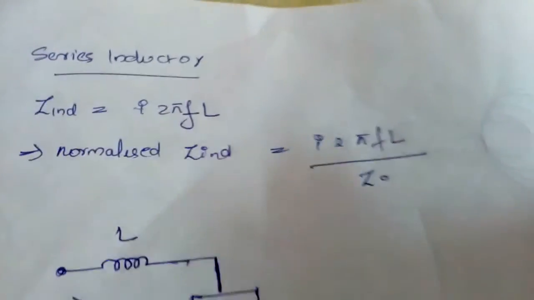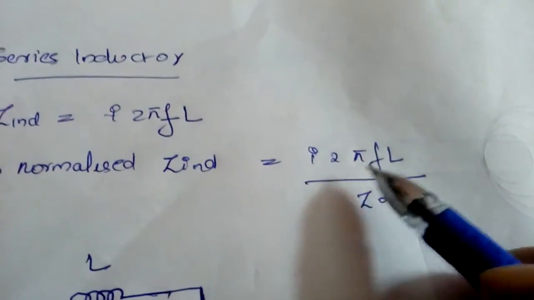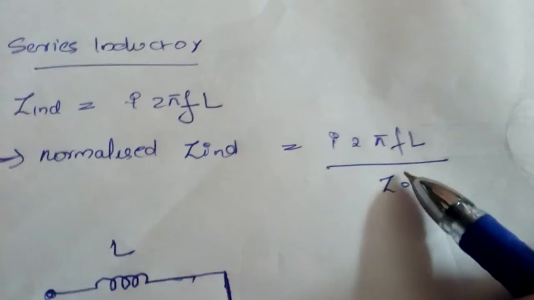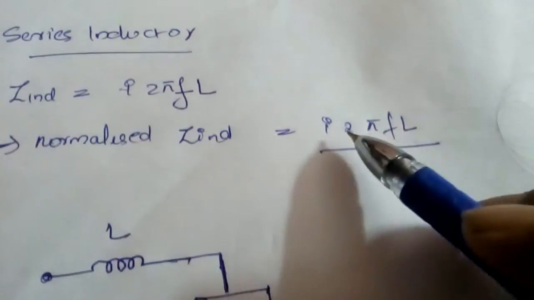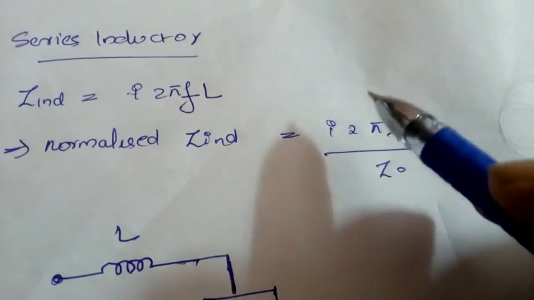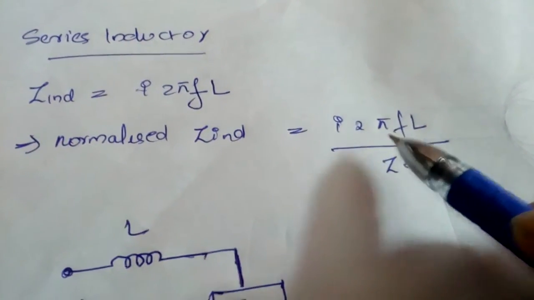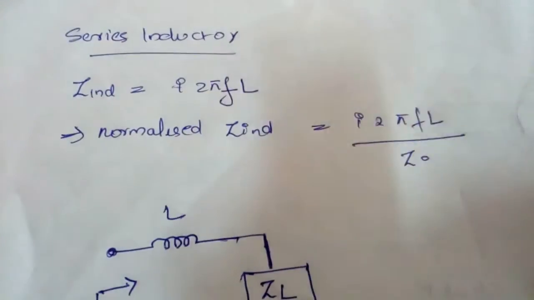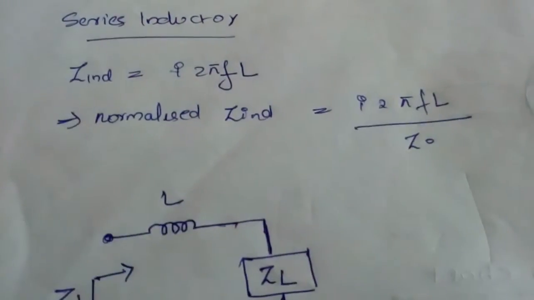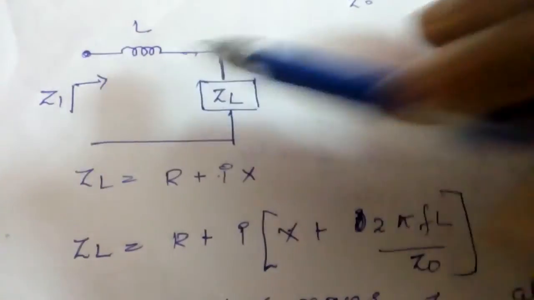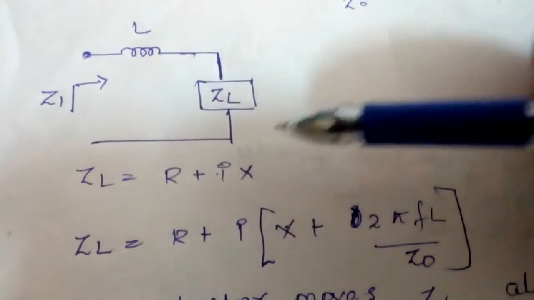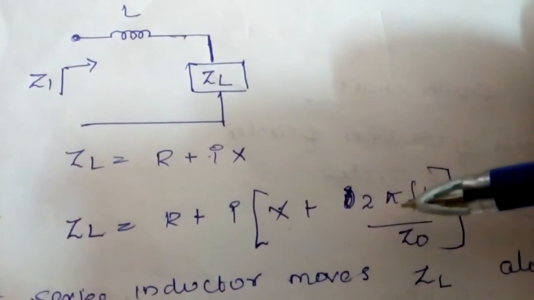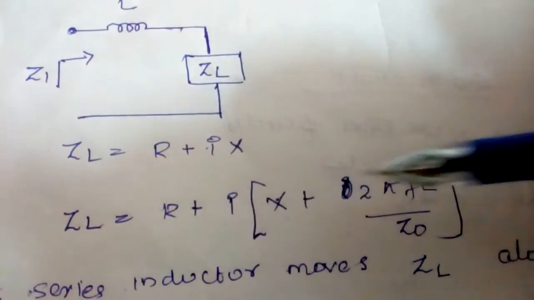While doing impedance matching, we should consider the normalized reactance. To get the normalized reactance, just divide it by the characteristic impedance. So the normalized value of the inductor impedance is this. You should always take it like this. As it is in series, it will add with the X component that I said earlier: X plus 2 pi f L by Z0, j.